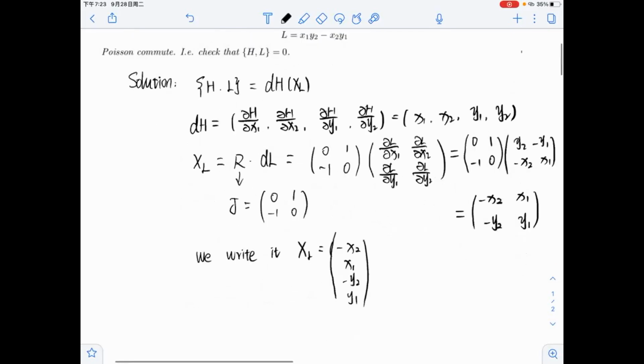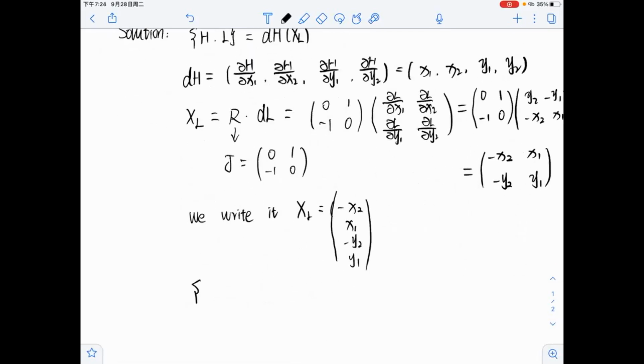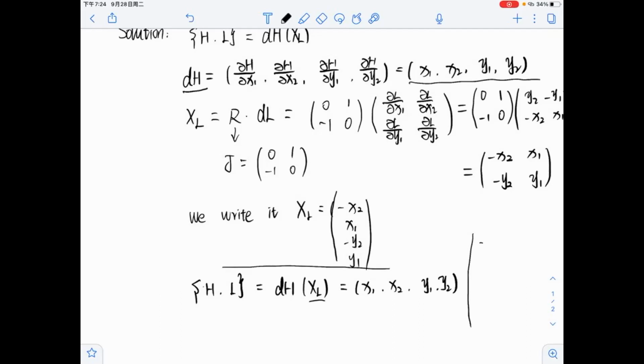So we can get a Poisson bracket {H, L} is equal to dH acting on XL. dH is equal to (x1, x2, y1, y2), and XL is equal to this (-x2, x1, -y2, y1).